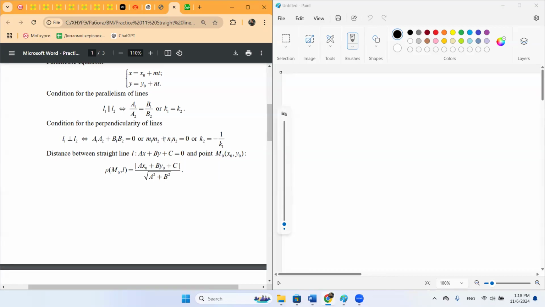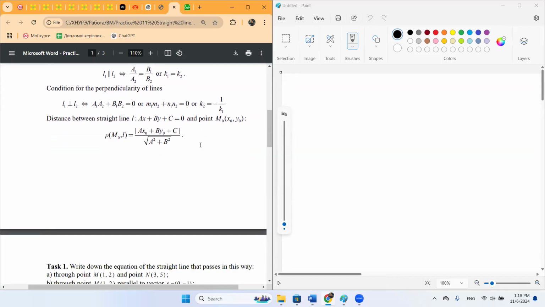The same with the direction vectors, or in slope form. And the formula of distance between a straight line and a point: it is the magnitude of the scalar product of the point and the normal vector, adding the free member, divided by the magnitude of the normal vector.